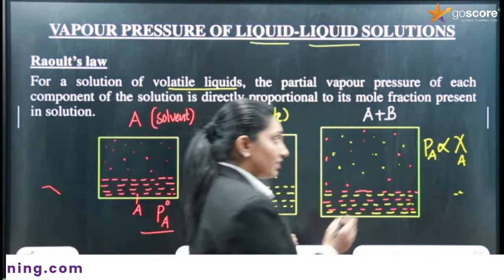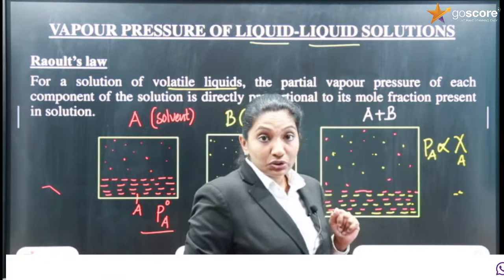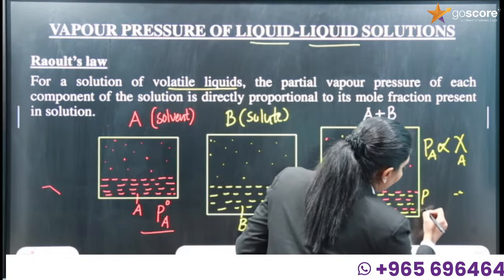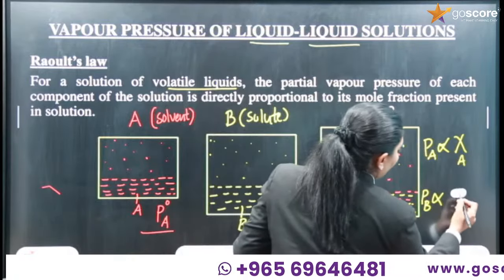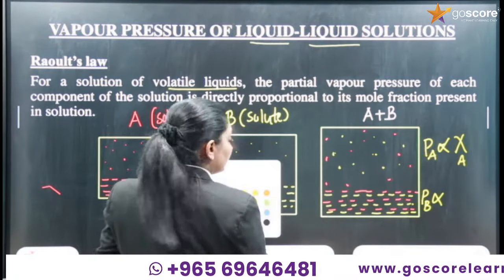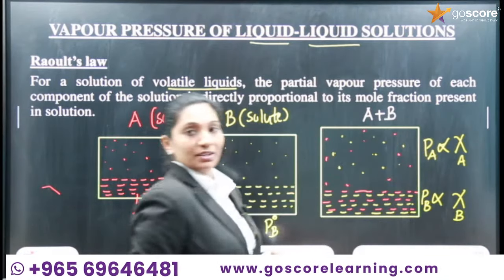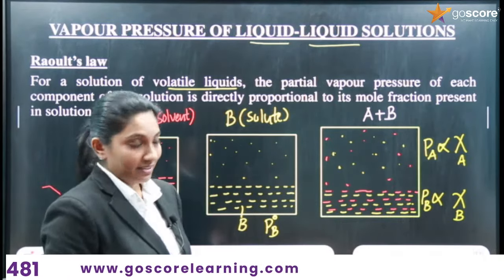So here we can write: the partial pressure of component A is proportional to its mole fraction of A, and also the partial pressure of component B is proportional to the mole fraction of B, right? So that is what Raoult's law states.